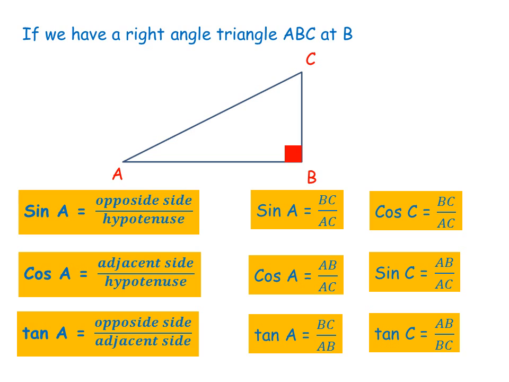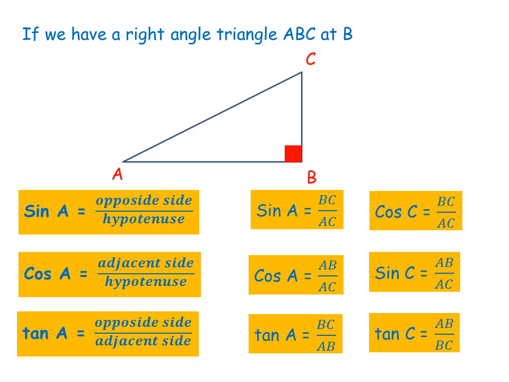Now, let's note that sine A equals cosine C. Both equal BC over AC. Also, cosine A equals sine C. Both equal AB over AC.